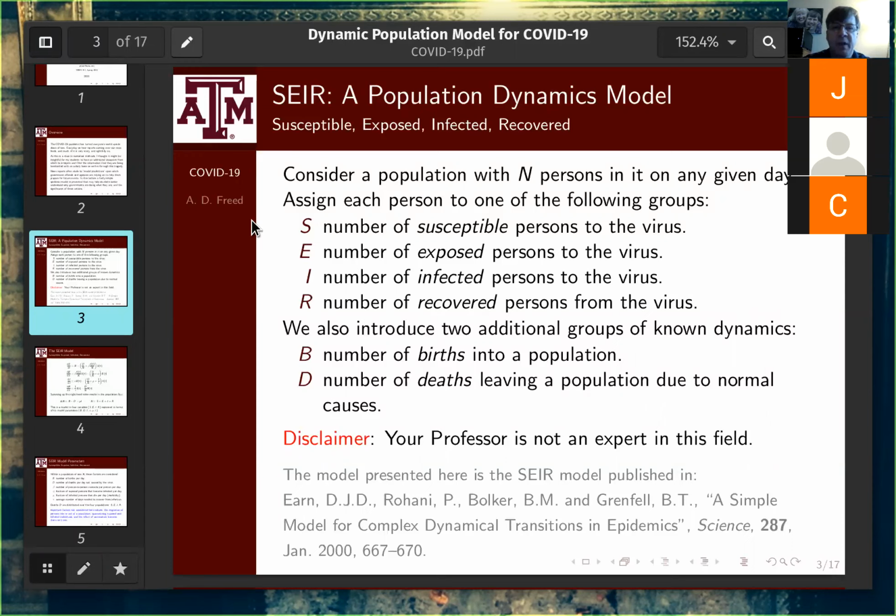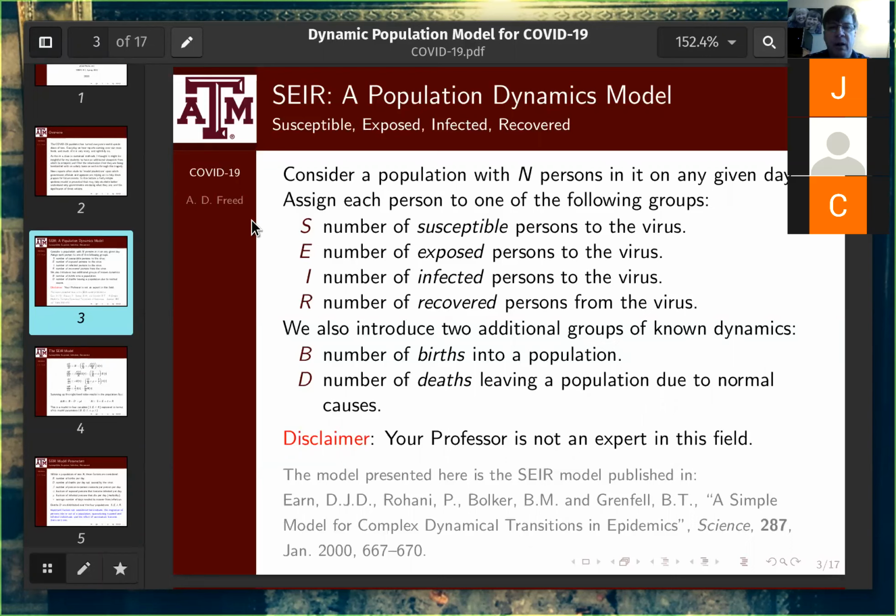Those are people who have been exposed to the virus by somebody who's infected. And then you have the infected people, those who currently have the virus and are suffering under its symptoms. And then you have those that have recovered, those people who no longer have the disease. They now have antibodies in their system to ward it off in the future.